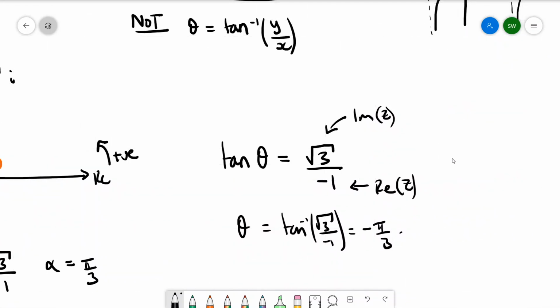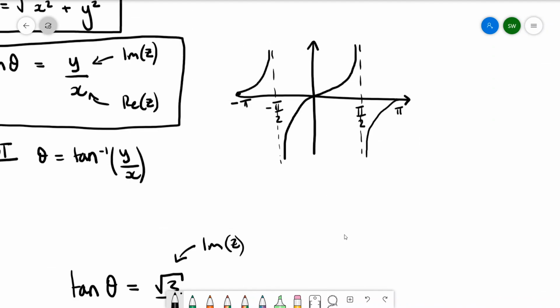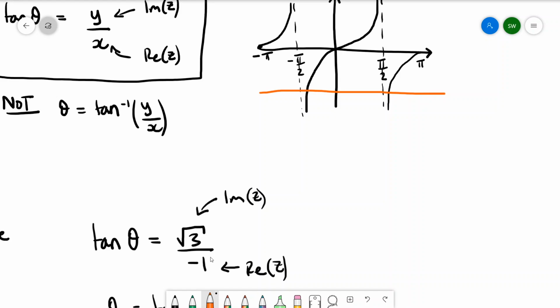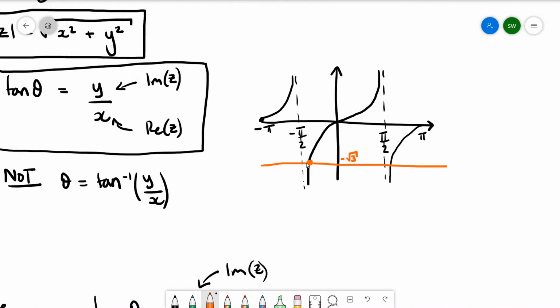Now that's happening because if you go to the tan graph and we look at tan theta equals minus root 3, that's what this is equal to, then your calculator gives you the answer for the angle between minus pi over 2 and pi over 2.